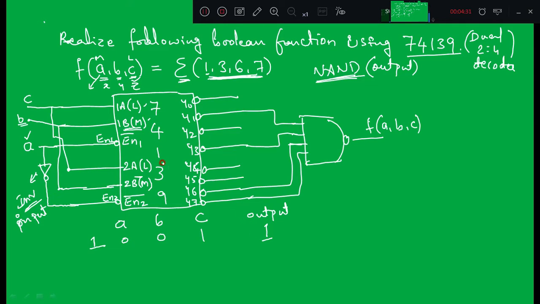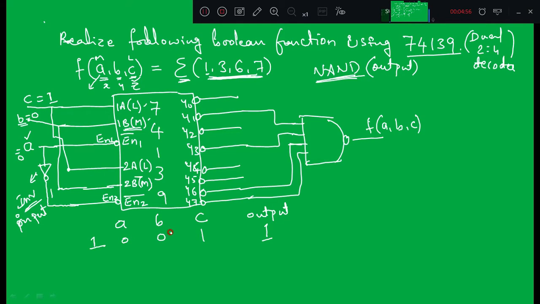Let us analyze it. What is the value of A? A is 0. B is 0, and C is 1. Since A is 0, the output of the inverter becomes 1 and disables the second 2:4 decoder, and since A is 0, which is directly connected to enable 1, it selects the first 2:4 decoder.